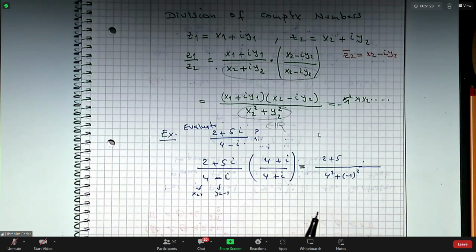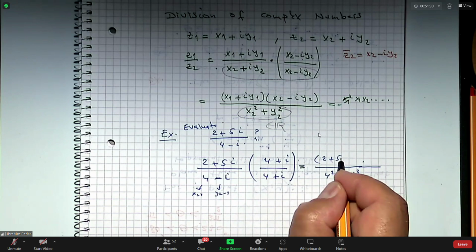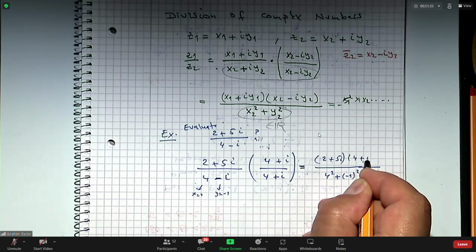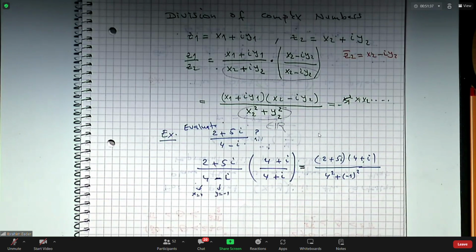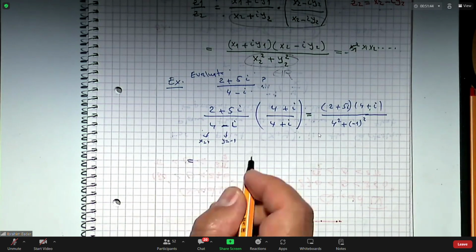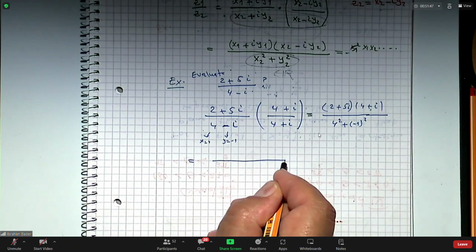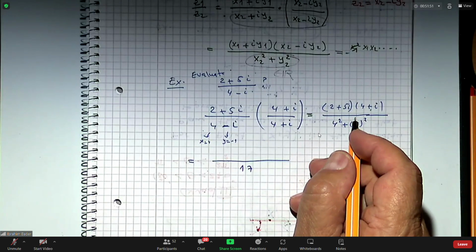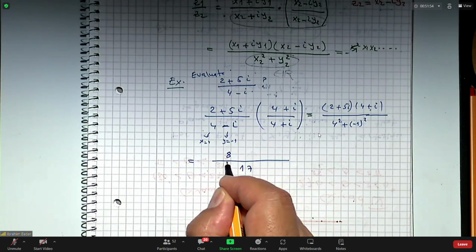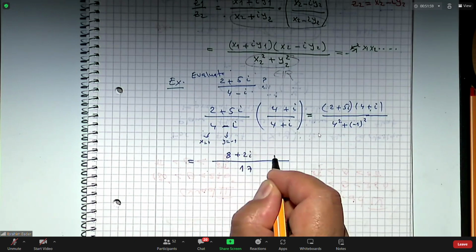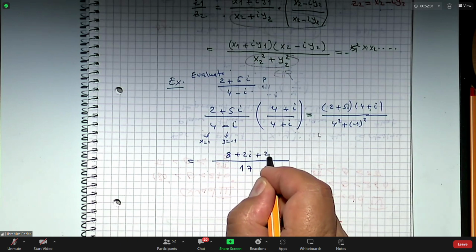Okay, you got it? Now up there I have to multiply by 4 plus i, just regular multiplication. So in the denominator I got 17, right? What do I get in the numerator? 2 times 4, which is 8, plus 2i plus 20i.